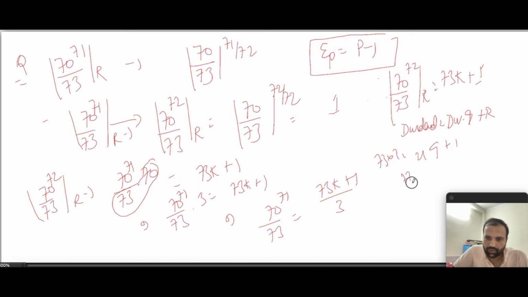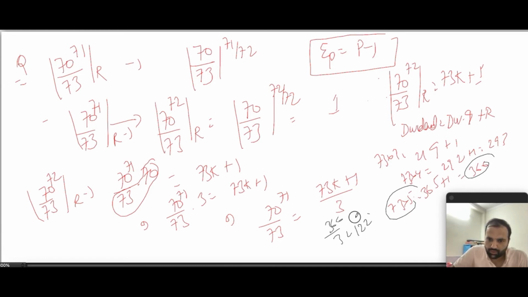So for 4, no, for 5 it looks like it can happen. So if we take k equal to 5, we have 366. So we have 122. K equal to 5 gives 122, but this cannot be the remainder because it's more than 73.